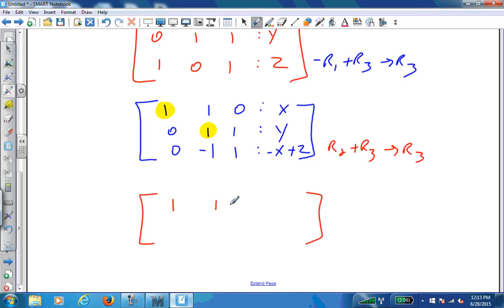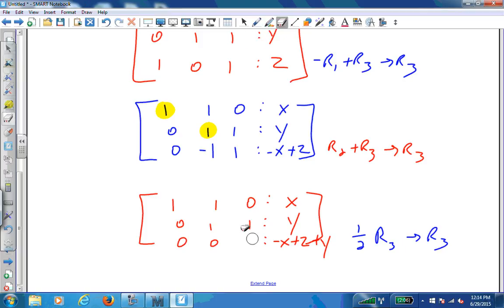So we leave the first two the same. If we add row 2 and row 3 together, we get that. Of course, we can get a 1 here if we divide the third row by 2.